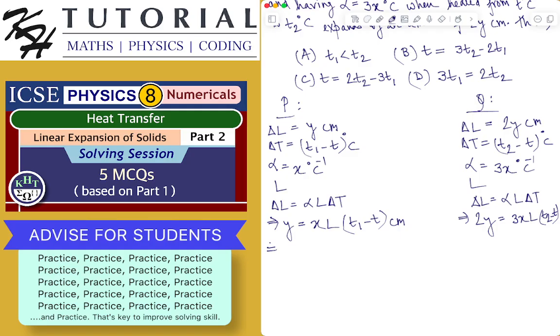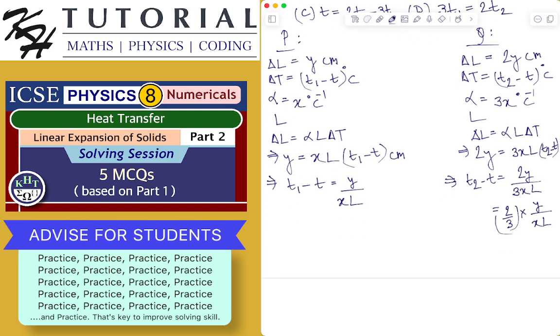Now for the rod P, we can see that T1 minus T is coming out to be y by xL, and for the rod Q we have T2 minus T is equal to 2y by 3xL, which is equal to 2 by 3 multiplied by y by xL.